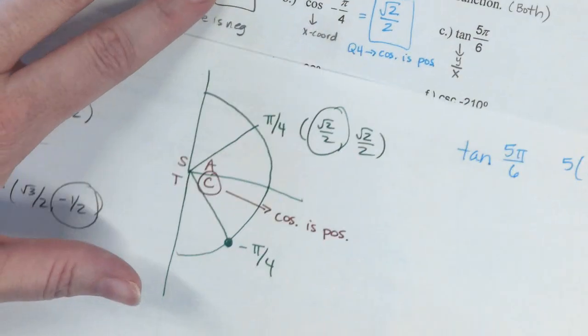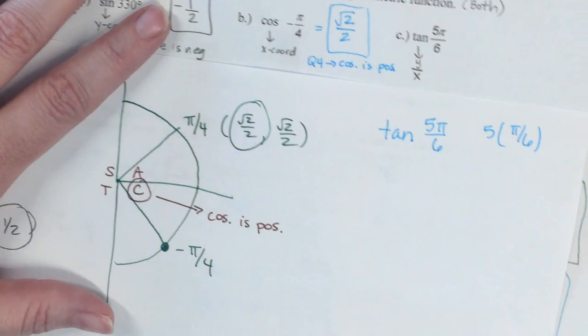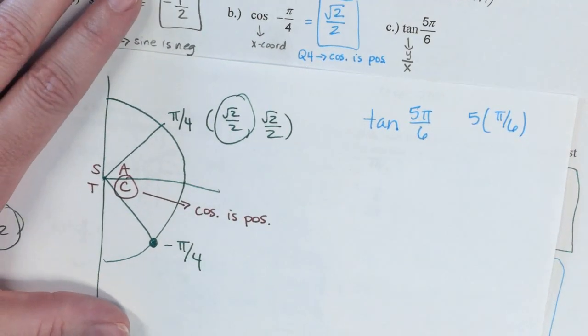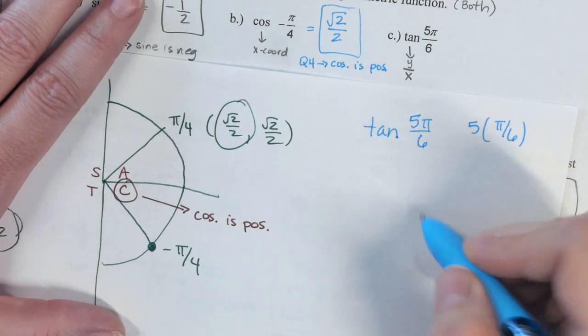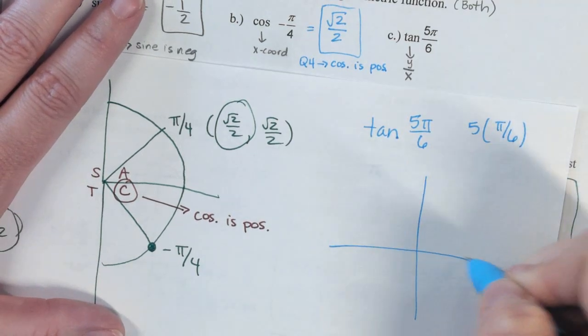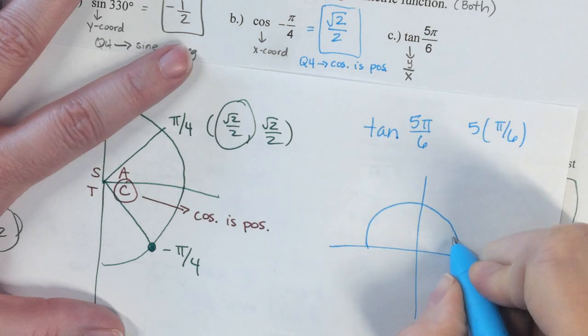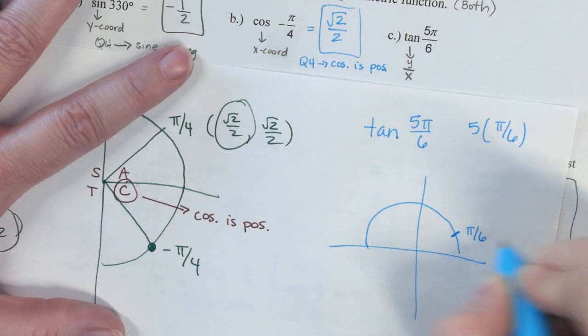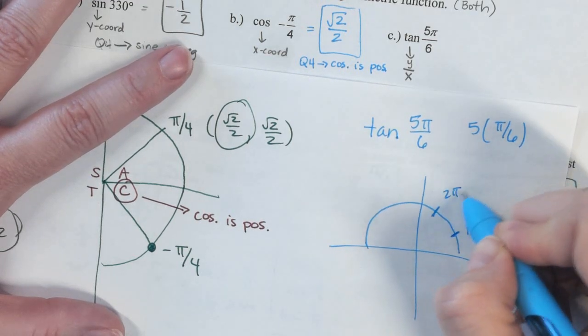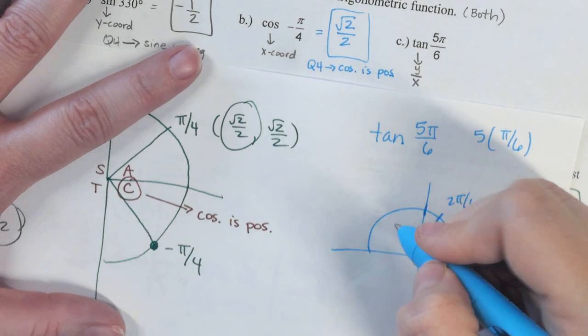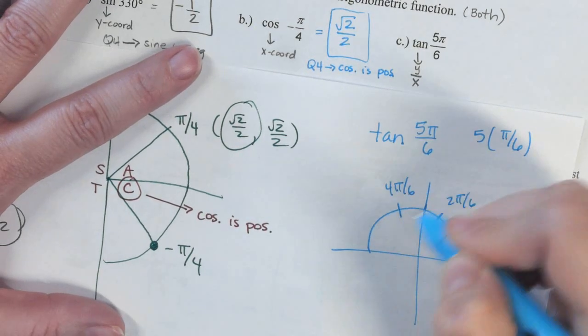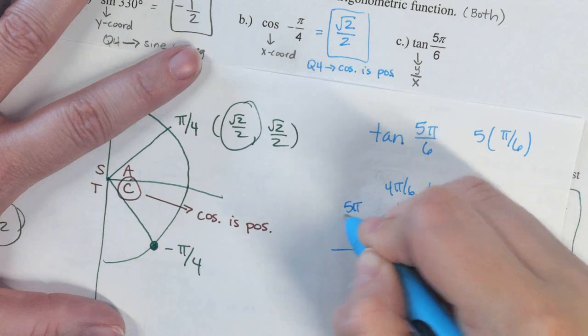And pi over 6 is how many degrees? 30 degrees. So all you have to do is go 30 degrees how many times? 5 times. So if you're on the unit circle, here's pi over 6, here's 2 pi over 6, 3 pi over 6, 4 pi over 6, 5 pi over 6.